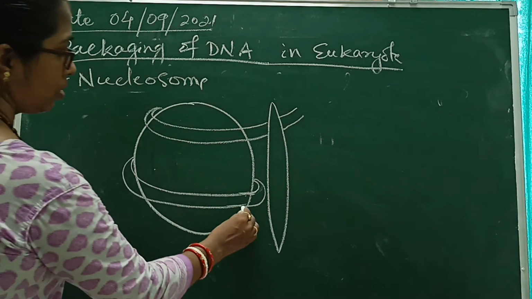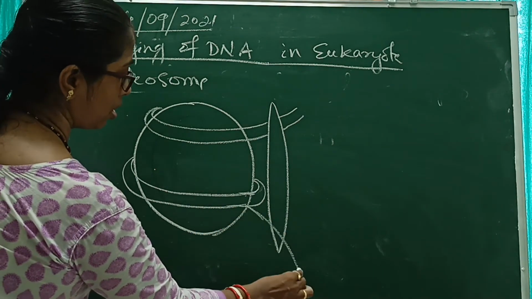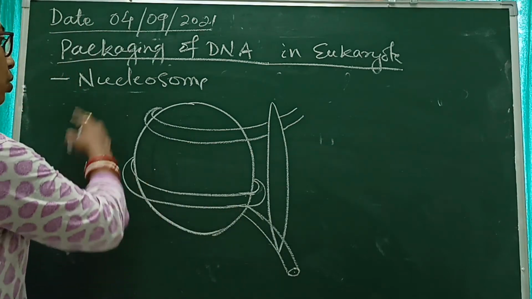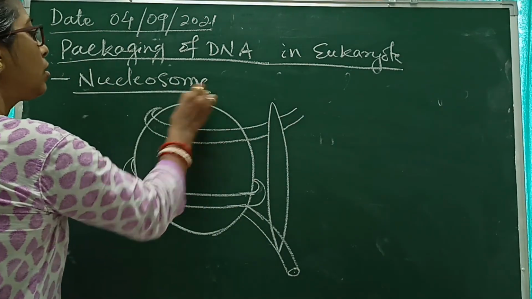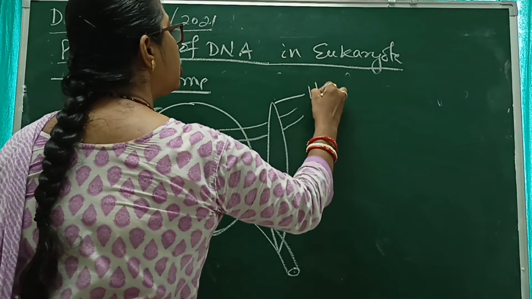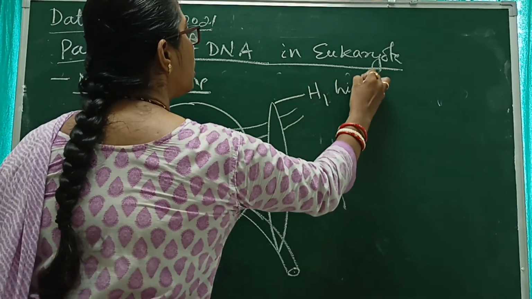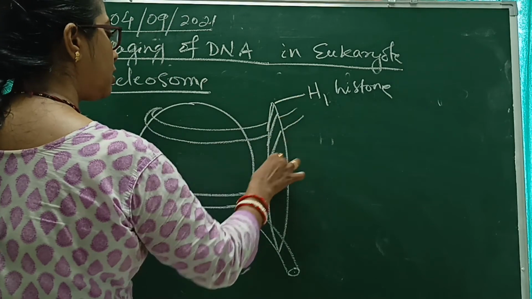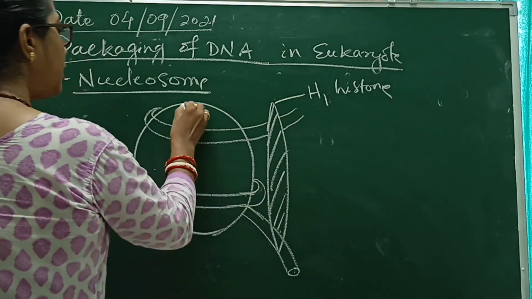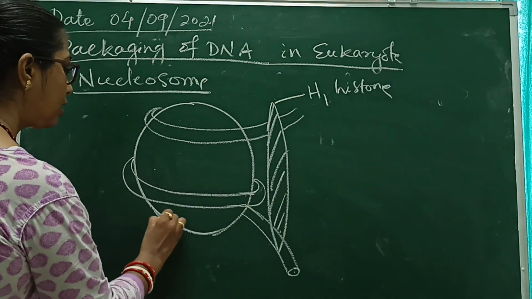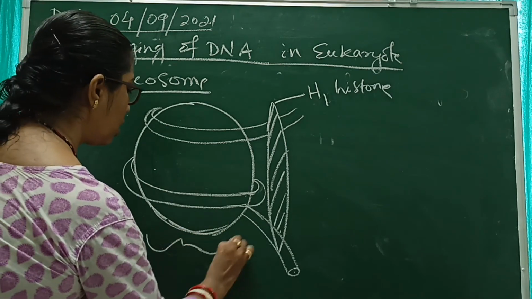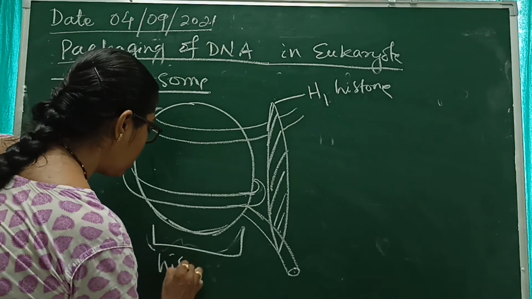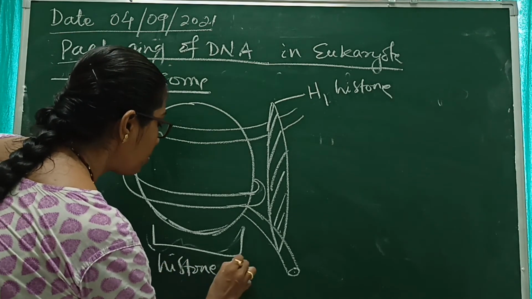The next is your... okay. So the whole structure is the nucleosome. Here this is H1 histone, and this rounded structure is the histone octamer.